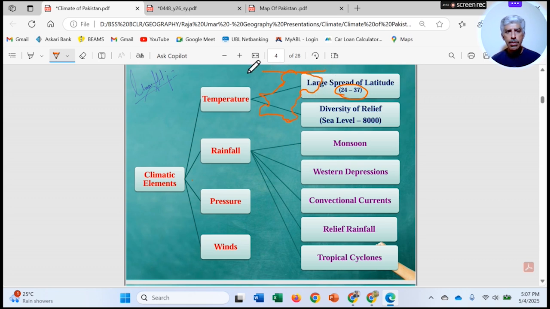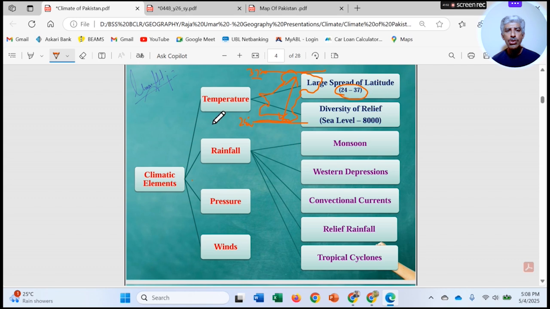So this is the larger latitude from here to here. This brings the temperature variations. Here we have the sea level, and closer to the sea level the temperatures are higher, and if we move away from the sea level, the temperature falls.